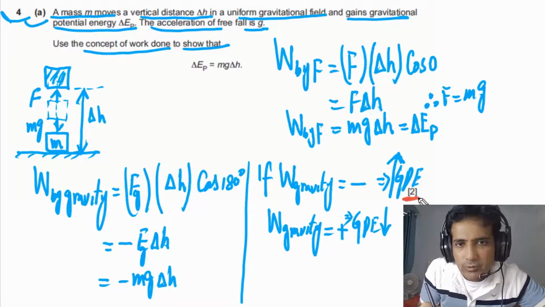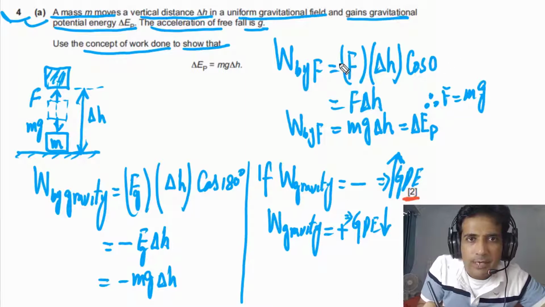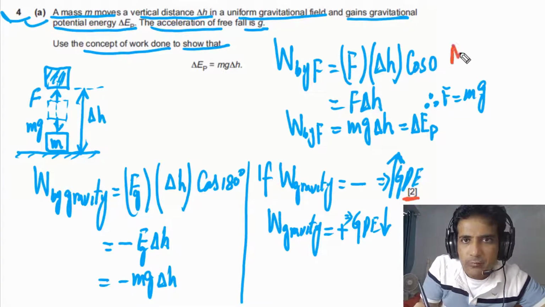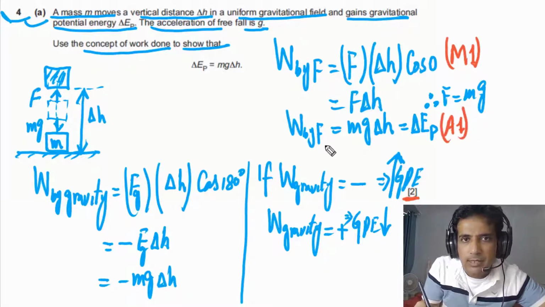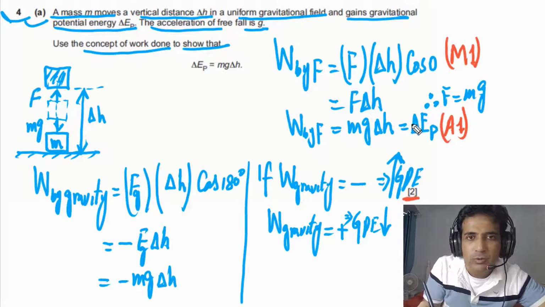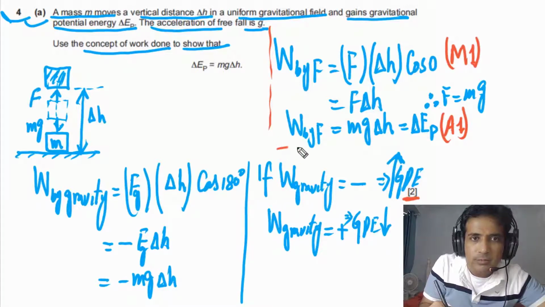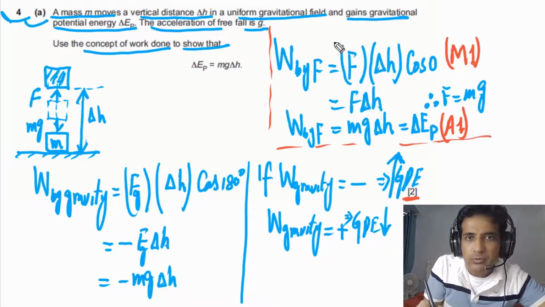This question has 2 marks. The first mark you will get if you have written work done is equal to force times displacement. This is an M mark, meaning it has to be in your answer. The second mark is an answer mark, if you have shown that work done is equal to gain in gravitational potential energy, and that is equal to mg delta h. For the answer to this question, you simply need to write down this part.